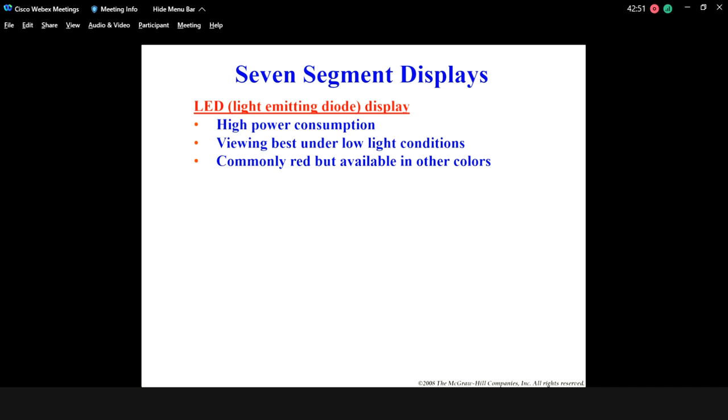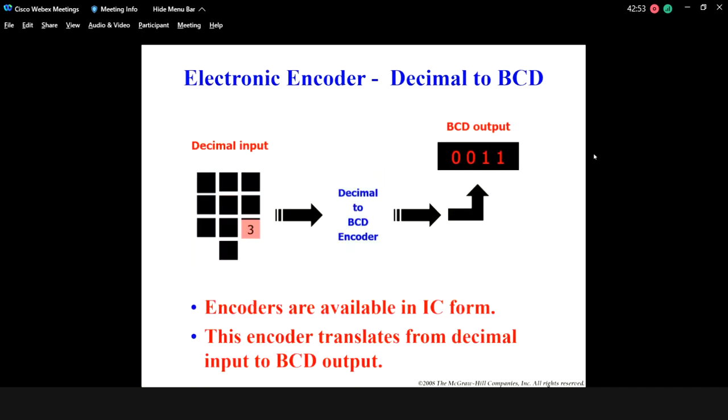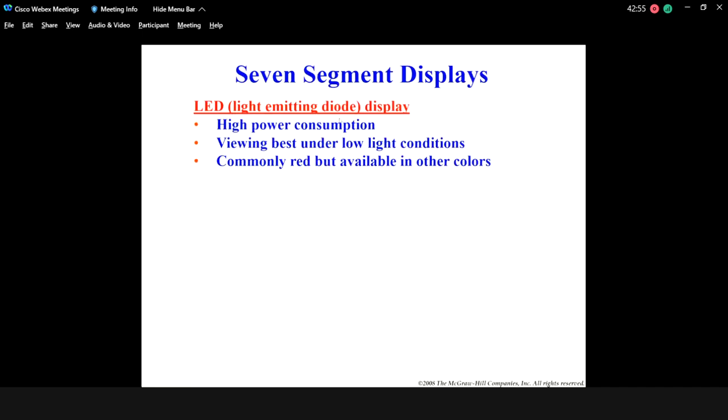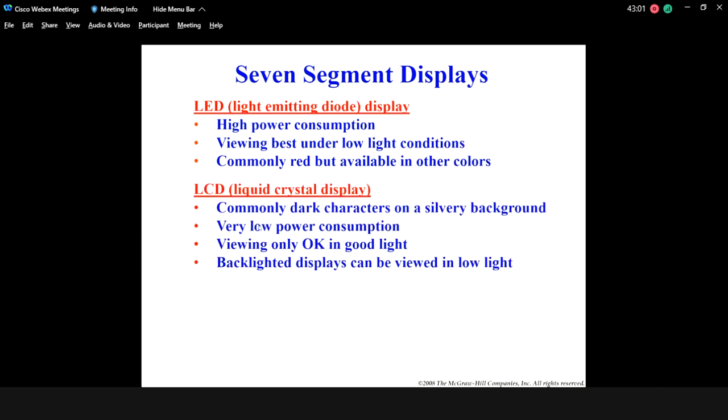And then from this one, we have another one that you use in your year 2, like the light emitting diode based 7-segment display. Also, we have two types, one LED based, one LCD based. This one, LED, uses high power consumption.